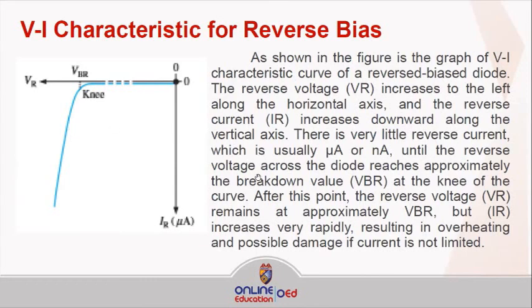Until the reverse voltage across the diode reaches approximately the breakdown voltage, VBR, at the knee of the curve. At this point, the reverse voltage VR remains at approximately VBR, but IR increases very rapidly, resulting in overheating and possible damage if current is not limited.